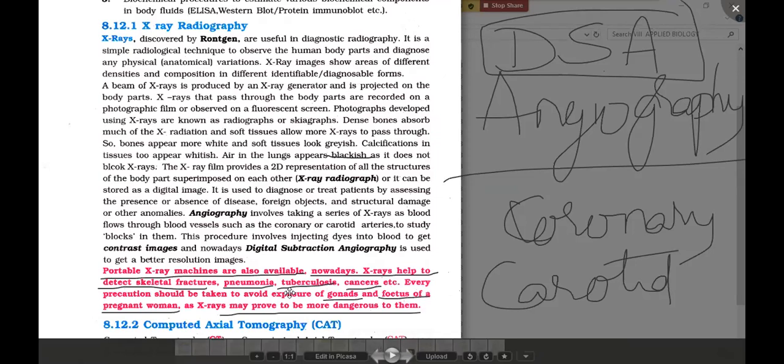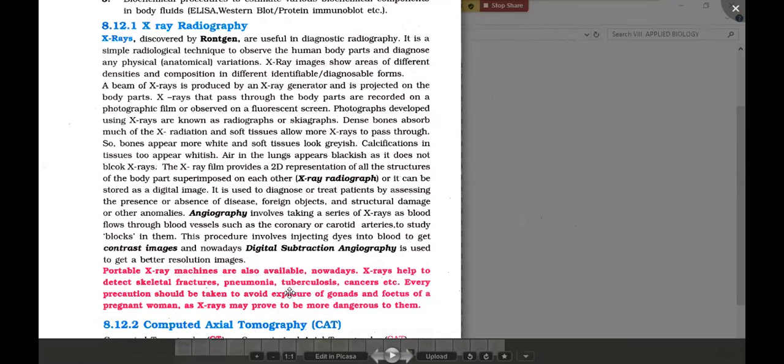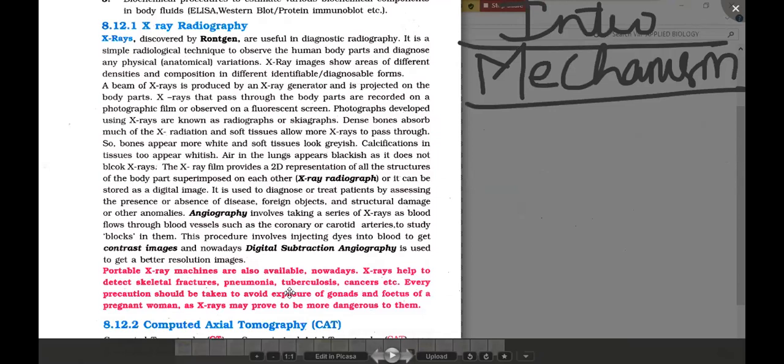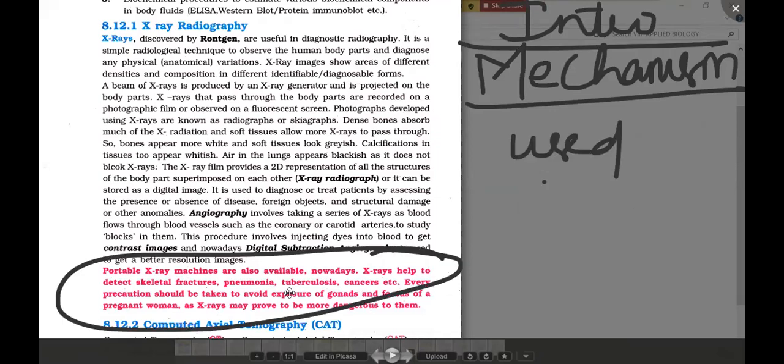So while reading this, you just need to remember the mechanism. As I said, first some introduction, then mechanism, then what it is used for. The use is given in this area in red color. That will be our 4-marks question.